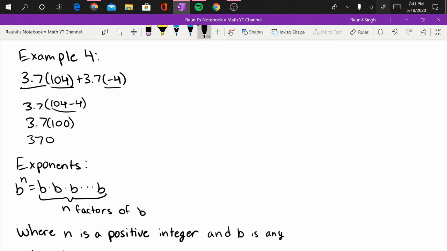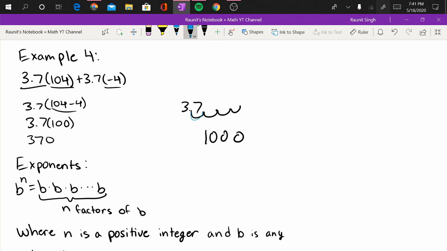The reason why I know this is because whenever you multiply anything by 10, 100, 1,000, and so on, the amount of zeros that you have shifts the decimal places however many zeros there are. So say you're multiplying with 1,000. So you would move it 3 decimal places to the right.